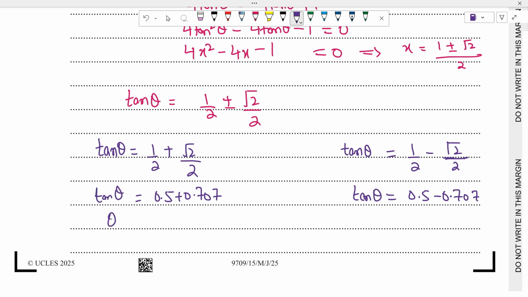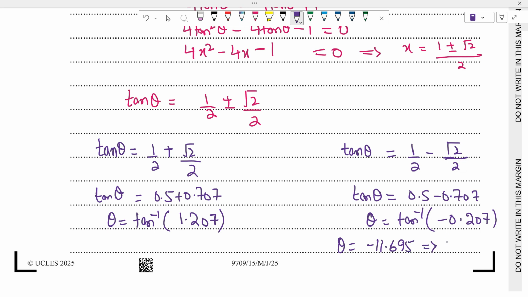So in this case θ = tan⁻¹(1.207), and in the other case θ = tan⁻¹(-0.207). When we use the calculator, we will have -11.695, and when we add 180, we will have -11.695 + 180, and this is equal to θ = 168.305.